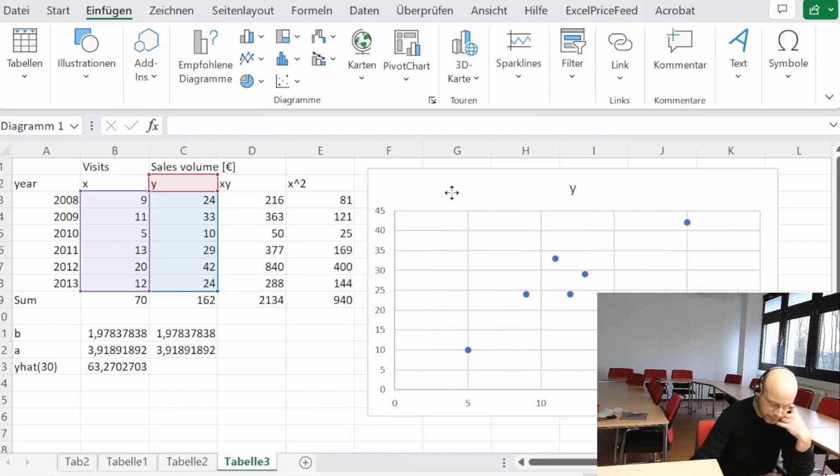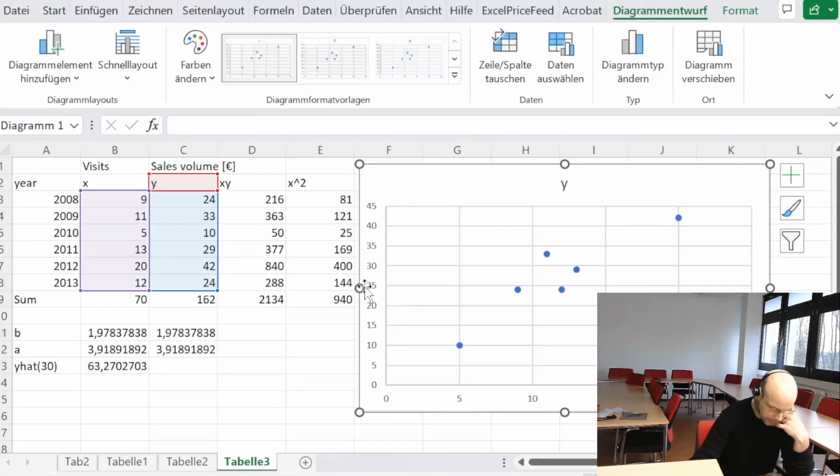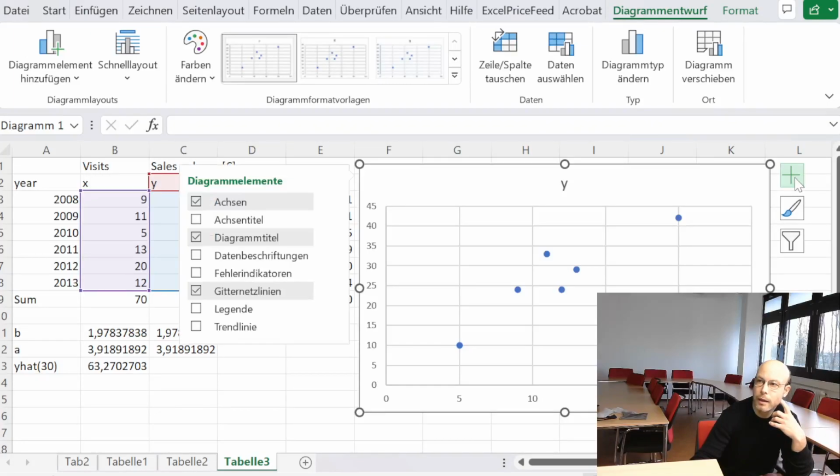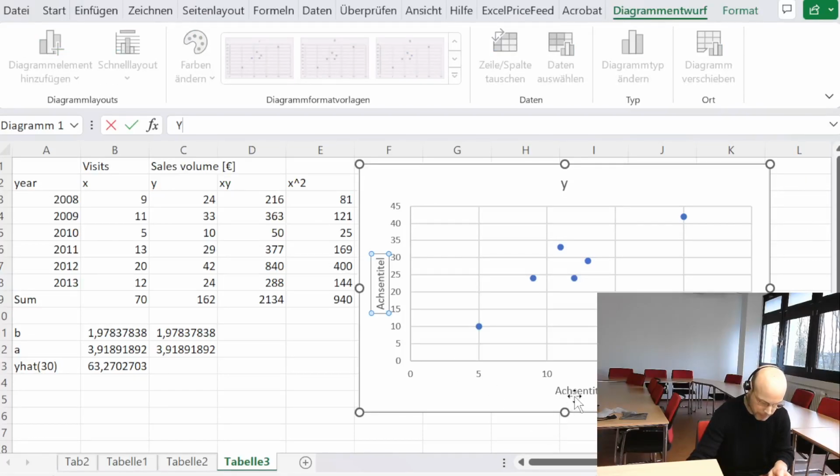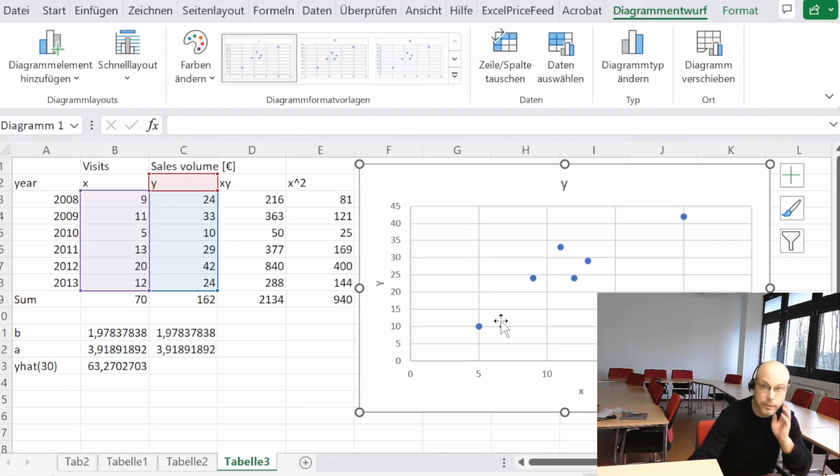So this is our data in a diagram, and we have here y and x. And here is also another possibility to calculate the linear regression via Excel.